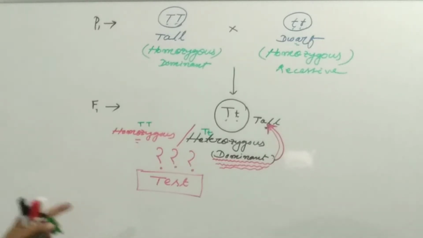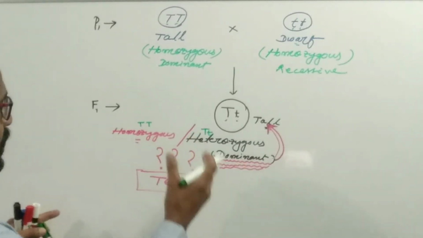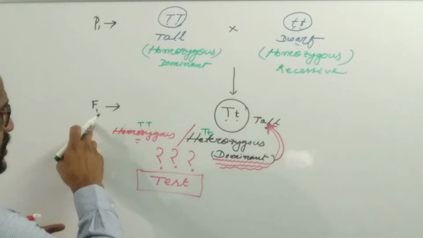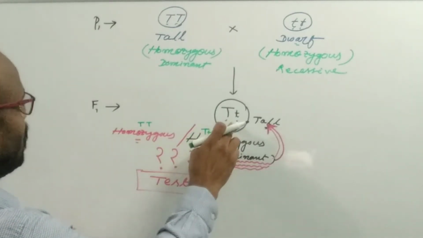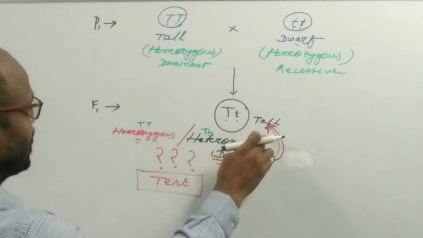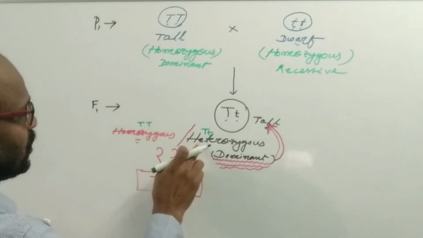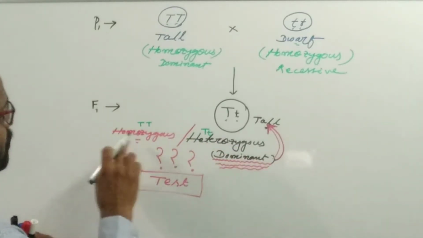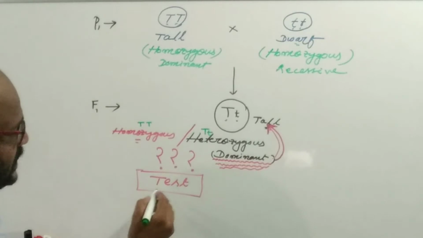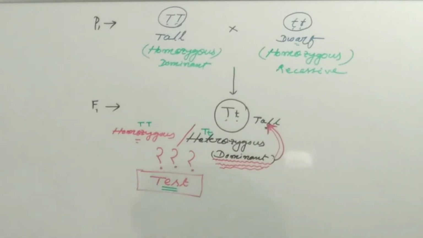So whether the tallness character in the F1 offspring comes from the heterozygous condition or from the homozygous condition is confirmed by the test cross.